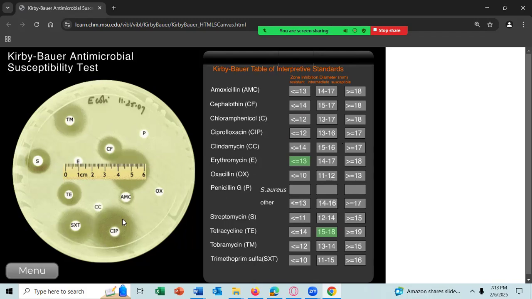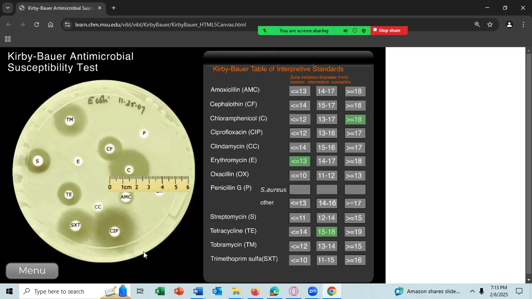And where's one that's sensitive? This one that's about 30 millimeters, maybe 29. That's C. So that's definitely sensitive.